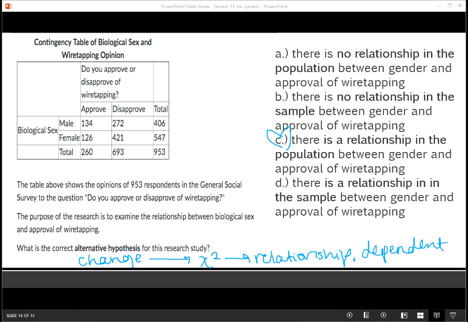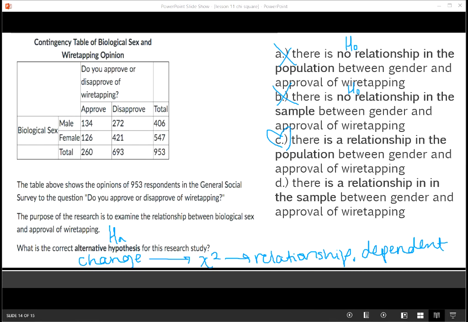So if we go through these options, A and B are both saying that there's no relationship, so that's wrong. That would actually be for our null hypothesis. You could write that. But we're talking about our alternative. So we're between C and D, and you guys are doing great with this. You guys have done really good this semester, making sure that we're writing these null and alternative hypotheses in terms of the population.